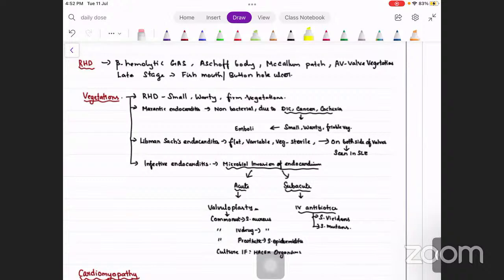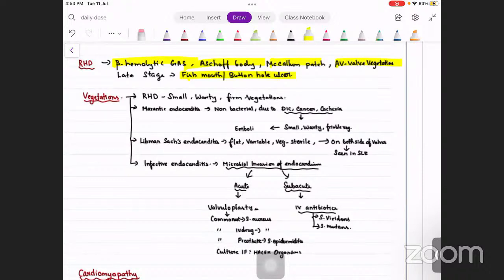And then we have rheumatic heart disease, where you see the fish mouth or buttonhole ulcer, MacCallum patch, AV valve vegetation, beta hemolytic group A streptococcal infection, and Aschoff bodies.